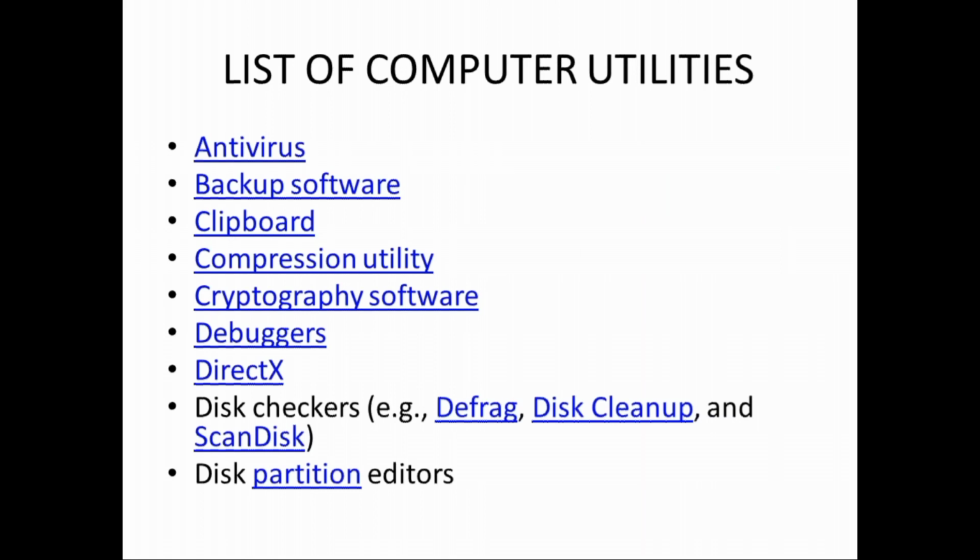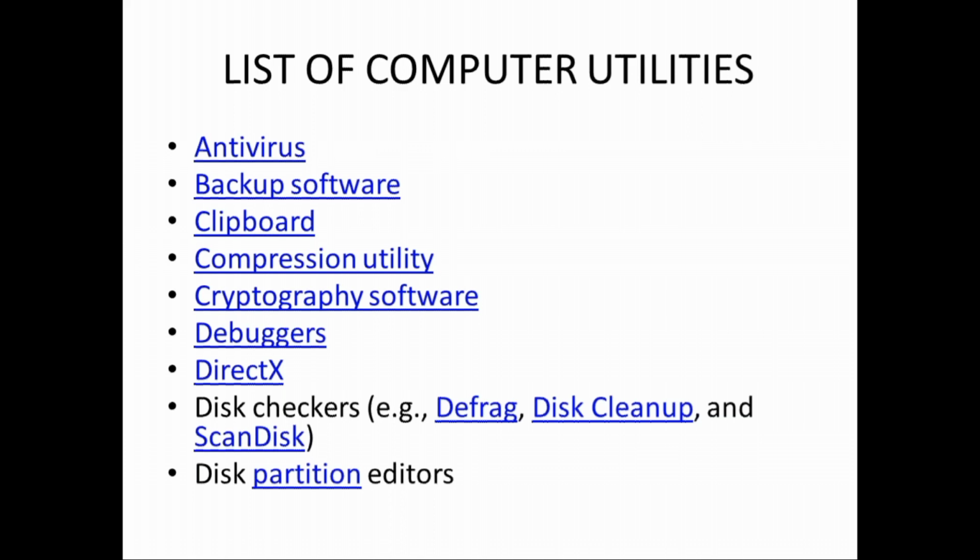So these are the list of different types of computer utilities. Utility software: we have the antivirus, like I mentioned, the backup software, clipboard. We have the compression utility. You have the cryptography software, debuggers, DirectX. We have the disk checkers.